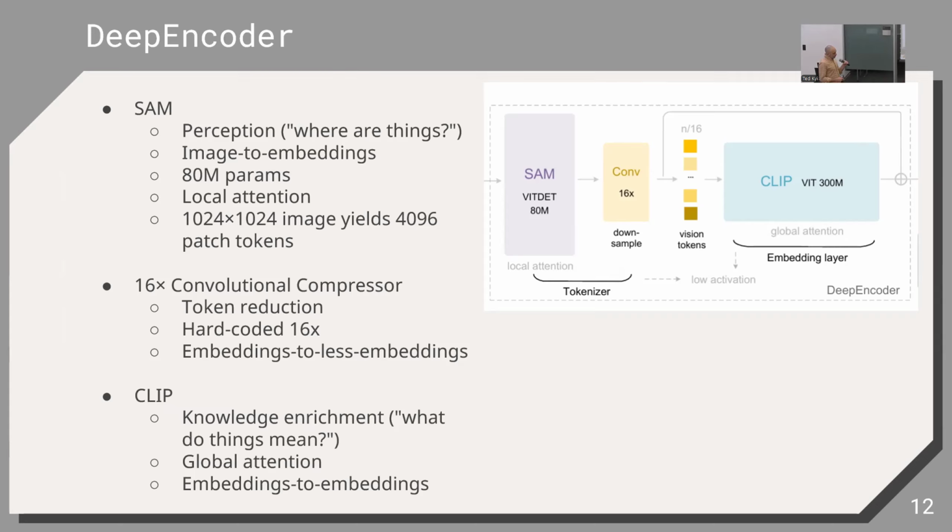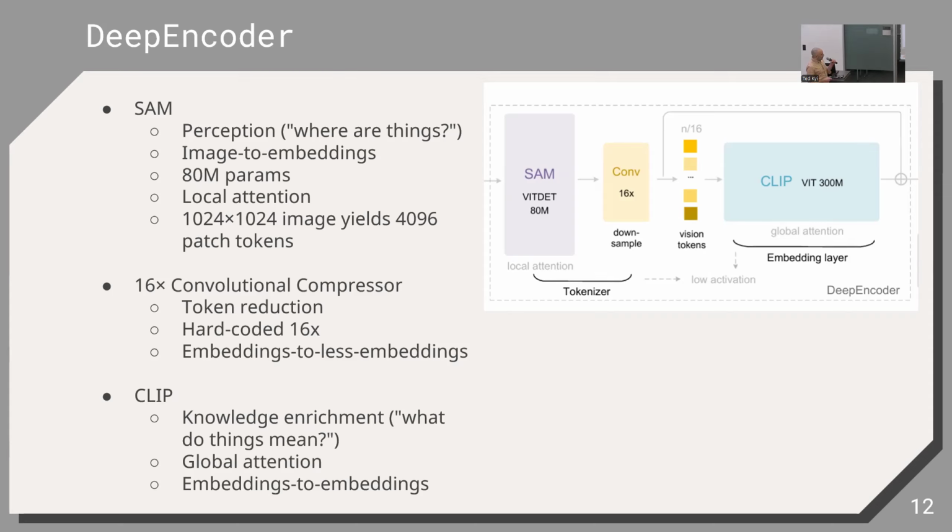The whole point of the paper comes down to this next step, this 16x convolutional compressor. This is where they did something different to see what they can get away with, or what can be done in terms of efficiency. It's a hard-coded 16x reduction in the size of the embeddings, and we'll go into more detail shortly.